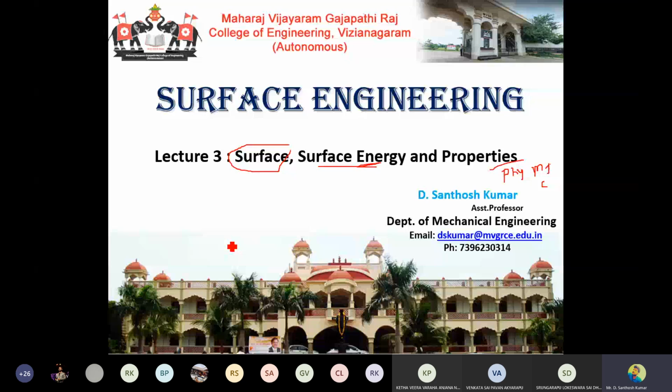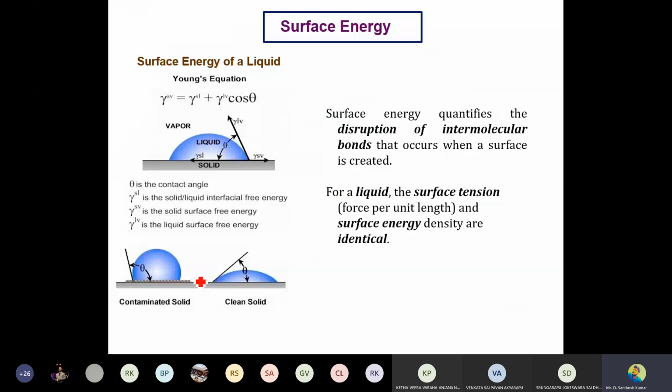Then we will go for surface energy, how we define this surface energy and all the things. See here how we define it: surface energy quantifies the disruption of intermolecular bonds that occurs when a surface is created.